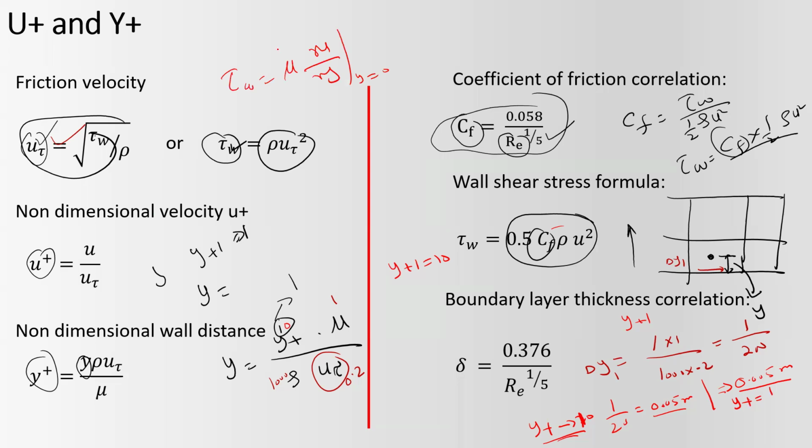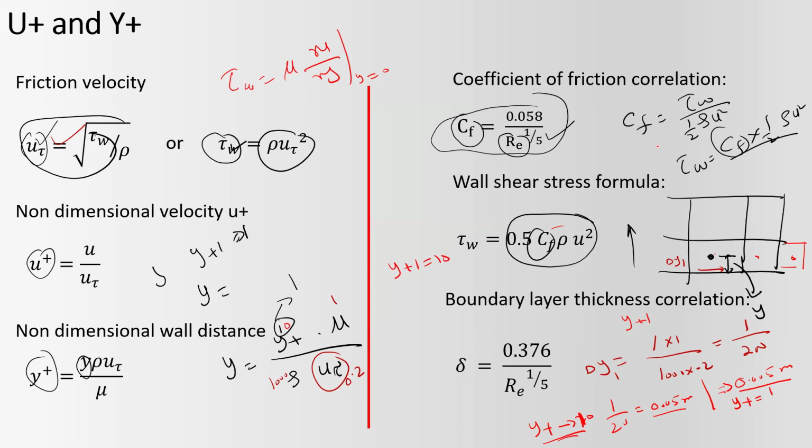This is a derivative of velocity with respect to the normal component. So if you go to different cells, the velocity will be different, and so will the velocity gradient. It means that the friction velocity will not be constant in every cell. Every cell will have different values, and so for the given Y plus, the first cell height will also vary.